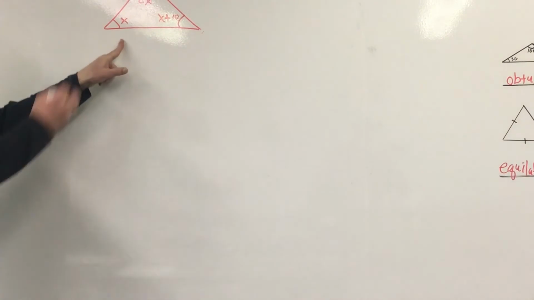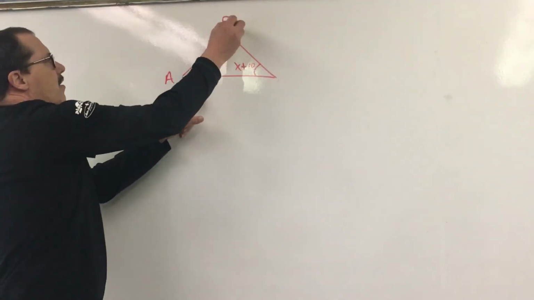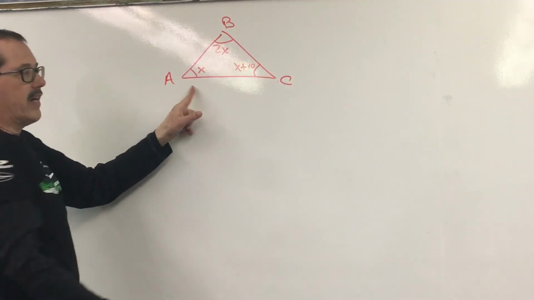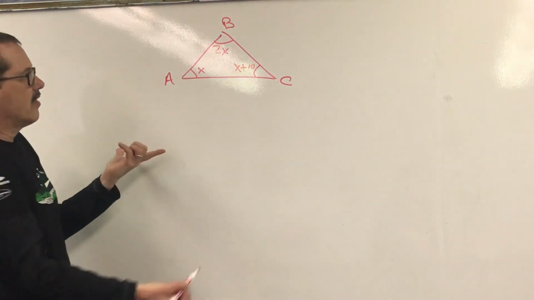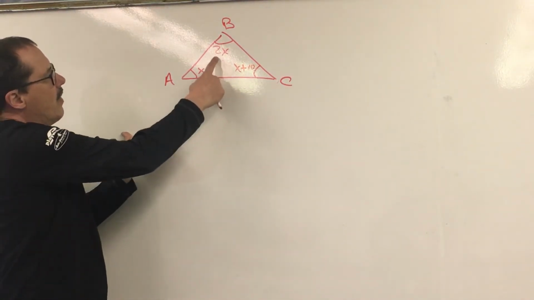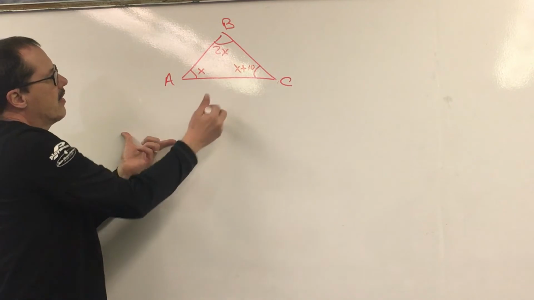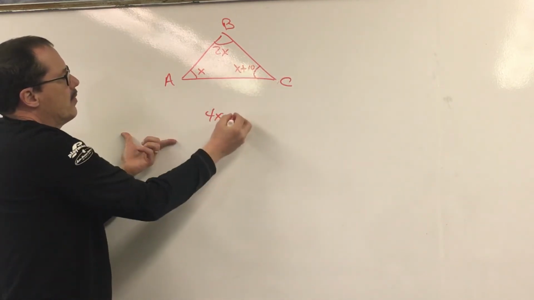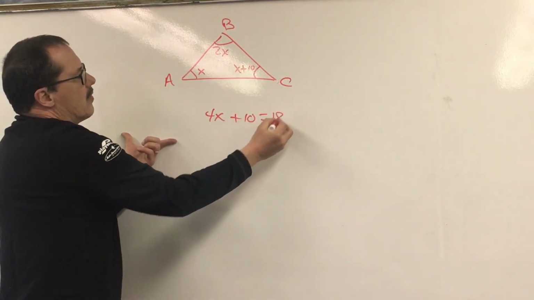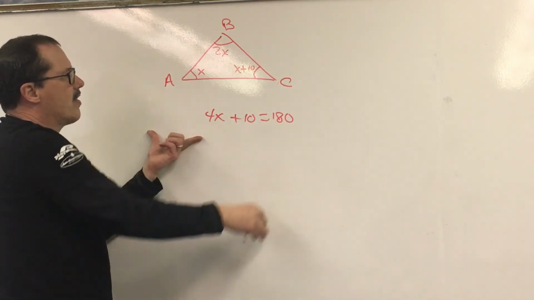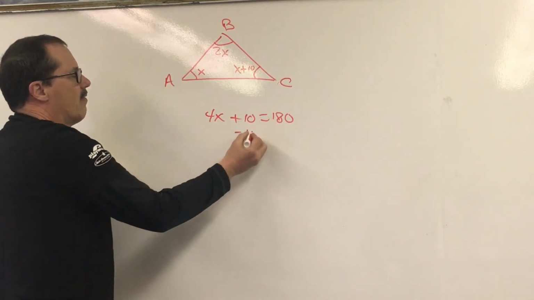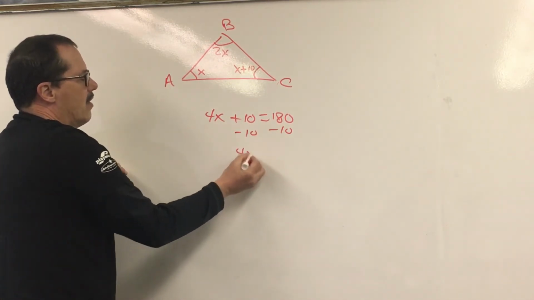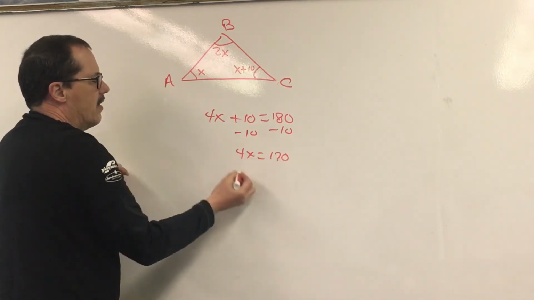If I want to know how big angle A, angle B, or angle C were, I'd do the same thing as over there. It's just a bubble problem again. 2x plus x is 3x plus another x is 4x plus 10 equals 180. And then you would solve that through, so minus 10 and minus 10. So 4x equals 170.